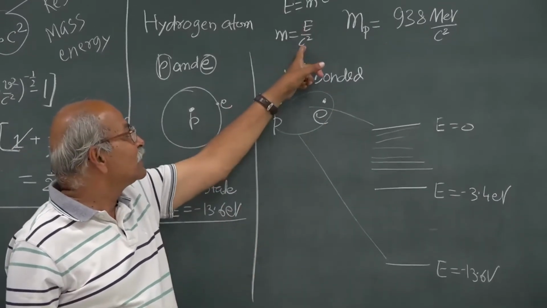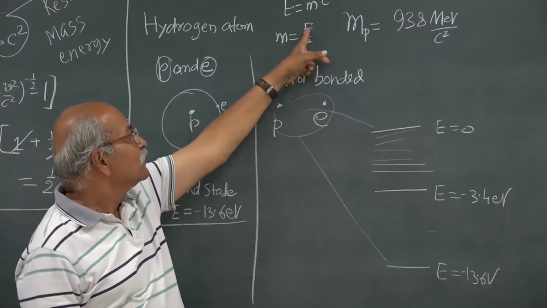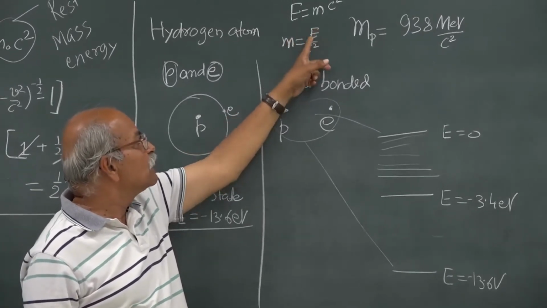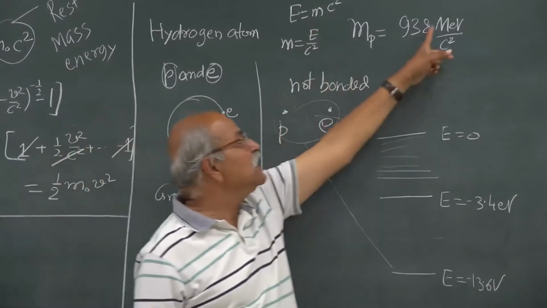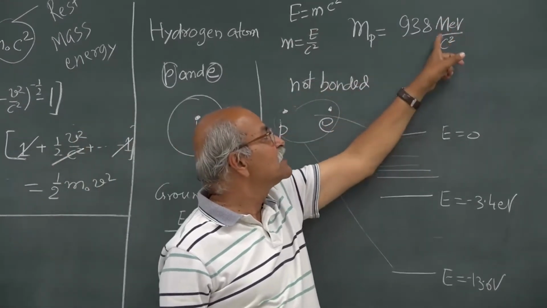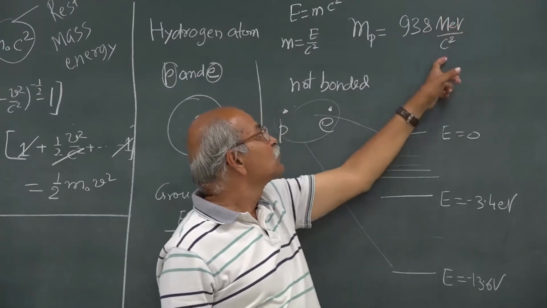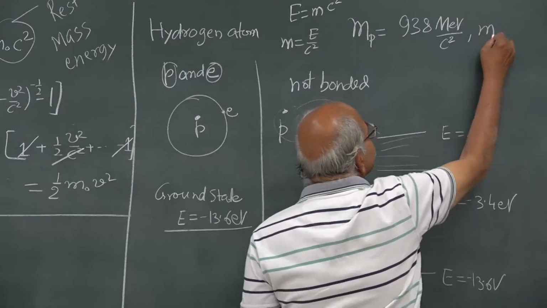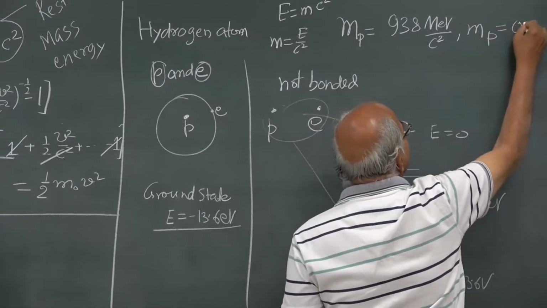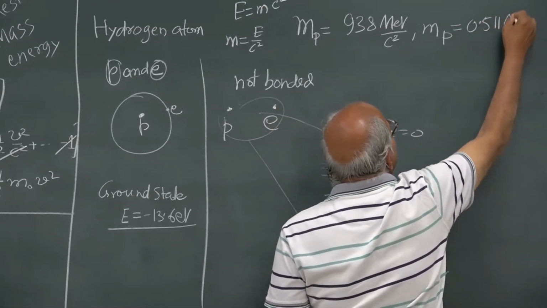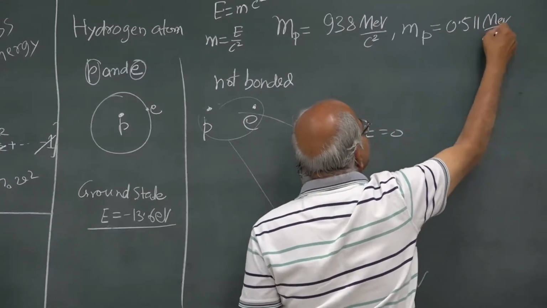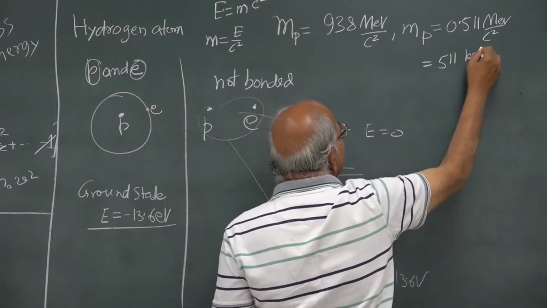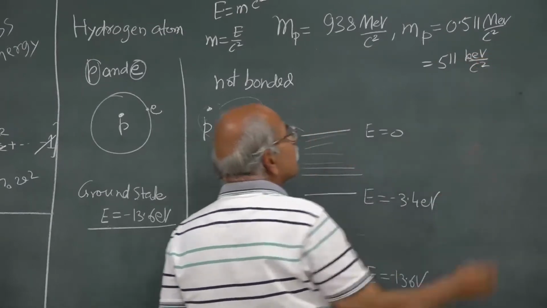So, if I measure this energy in electron volts, this unit will be electron volt by c square, and MeV is mega electron volts by c square. So, this is the unit of mass. So, the mass of the proton is this, and the mass of the electron is 0.511 MeV by c square, or 511 keV, kilo electron volt by c square, that is the electron.